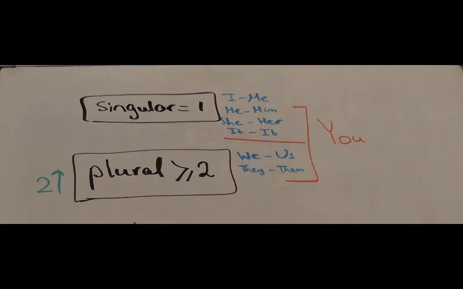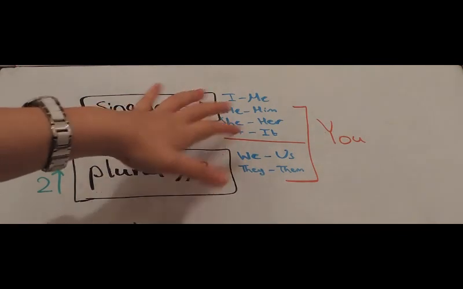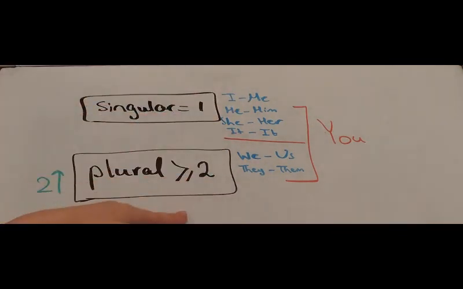Now, as you can see, I put the singular personal pronouns here and the plural personal pronouns here. I, me, singular, only one. He, him, also only one person. She, her, one female.